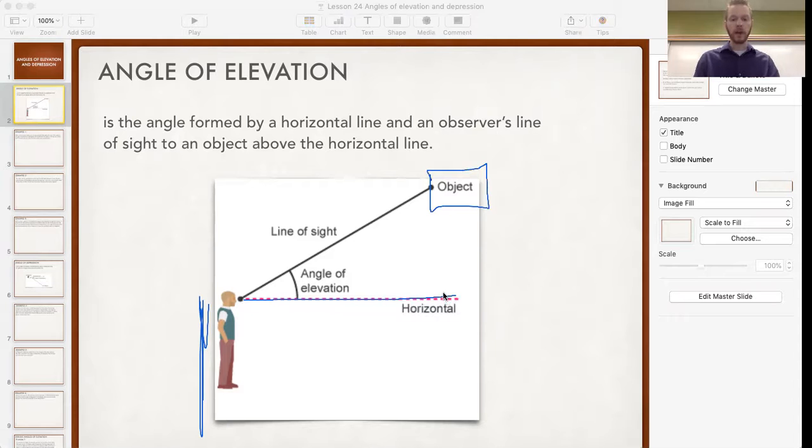As he's raising his head upward, he's creating this angle of elevation. Elevation meaning that you're going up. That's what we're going to be working with today. We're going to do some trig problems involving an angle of elevation and angle of depression, which we'll look at a little bit later. We're going to solve two problems of each. So here we go.